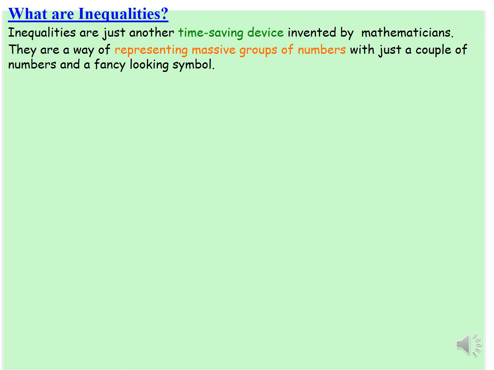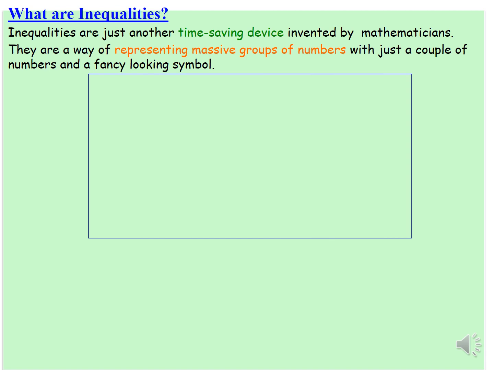But in inequalities, when you solve it, you will have sets of answers. For example, you will have x greater than 4 or x less than 3. So x greater than 4 could be 5 or 6 or 7 and so on. So in inequalities we have more than one answer, but in an equation we have only one answer.